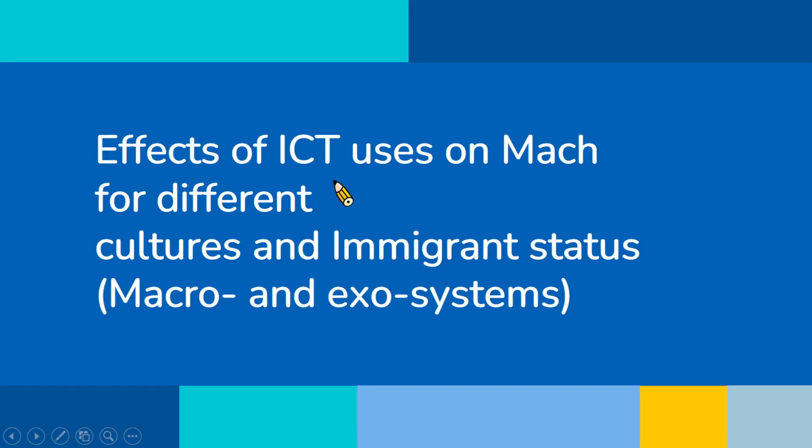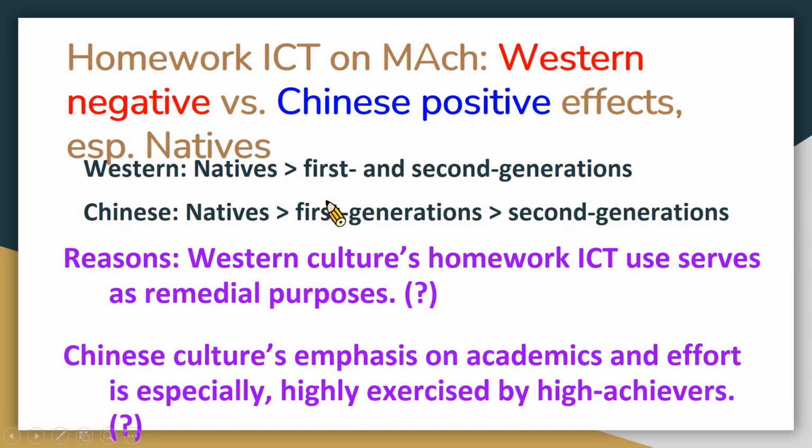Effects of ICT use on math for different cultures and immigrant status. Homework ICT use effect on math achievement has the largest cultural differences. For Western culture, it's negative. For Chinese culture, it's positive, especially for natives. It's hard to know the reasons, but we can make some wise guesses.